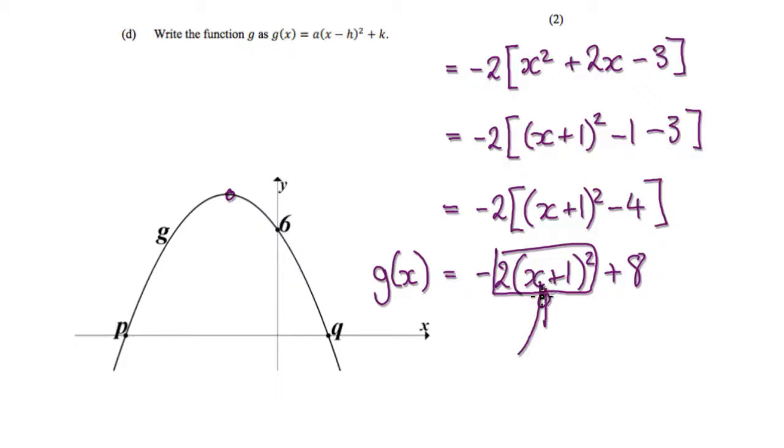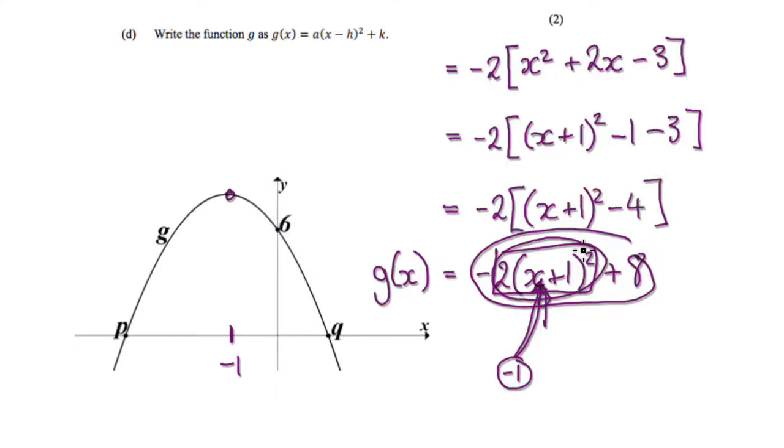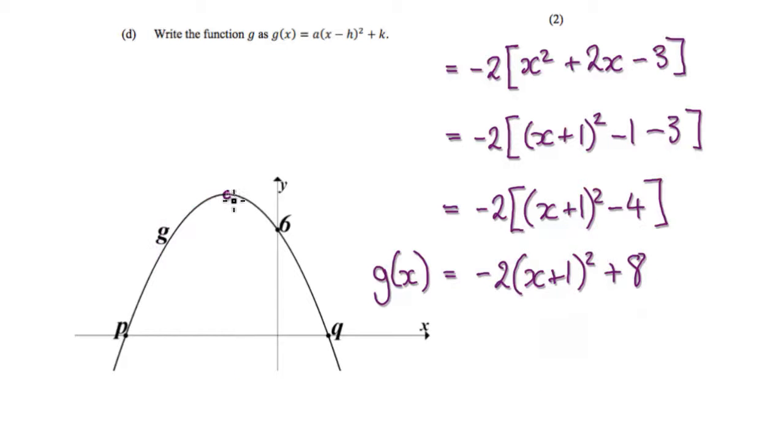Well, if you put a -1 into here, then this g of x will be at its highest point. So this is really -1, and if you put -1 into here, this whole thing here will be 0. So g of x will jump to 8. So this point here will be (-1, 8). So you found your vertex.